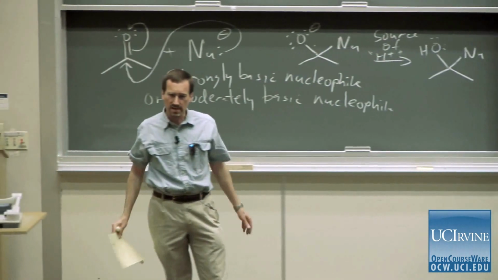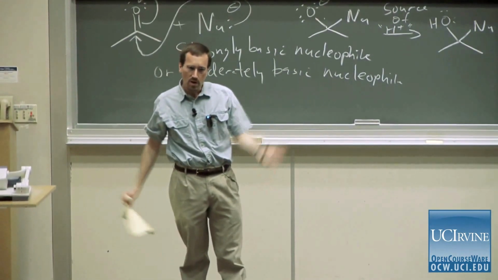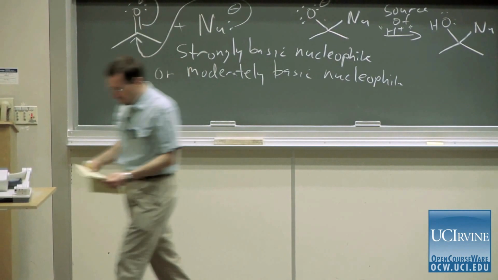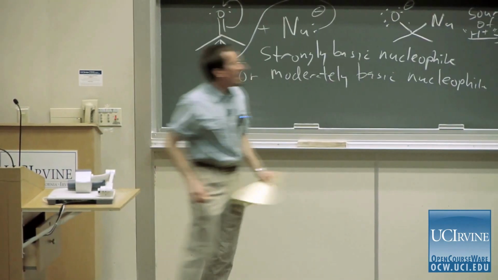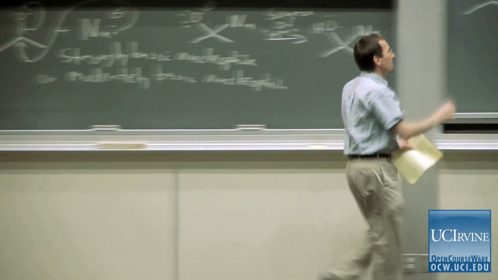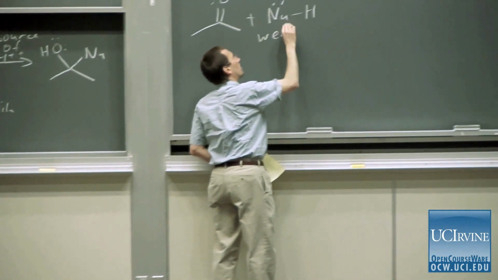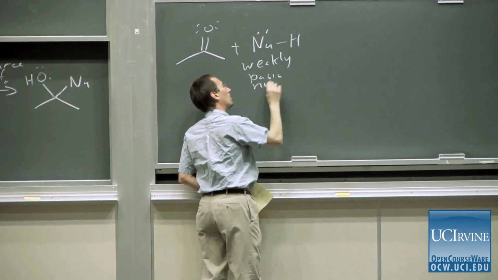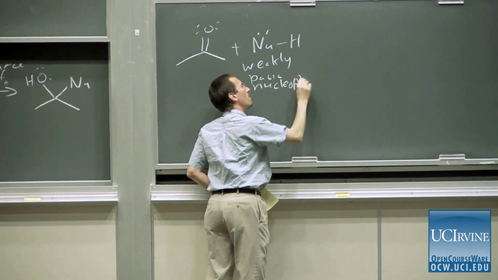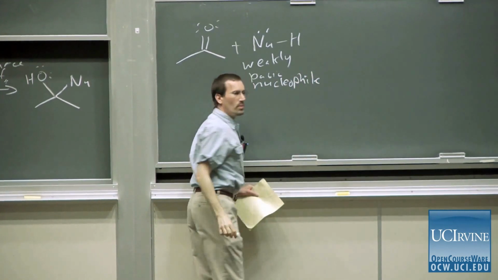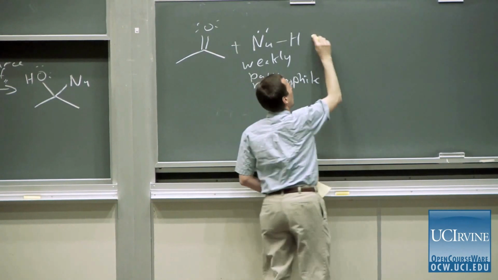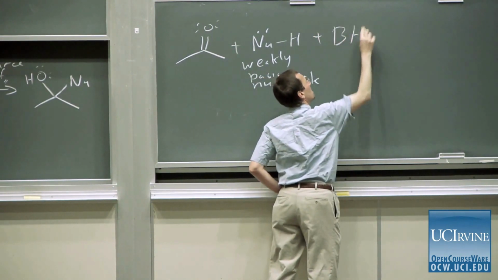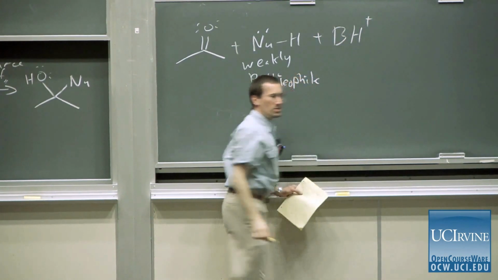You've seen weakly basic nucleophiles before. Alcohols, water, those are weakly basic nucleophiles. And so along with our weakly basic nucleophile, imagine for a moment that we have some source of an acid catalyst that we'll call BH plus.